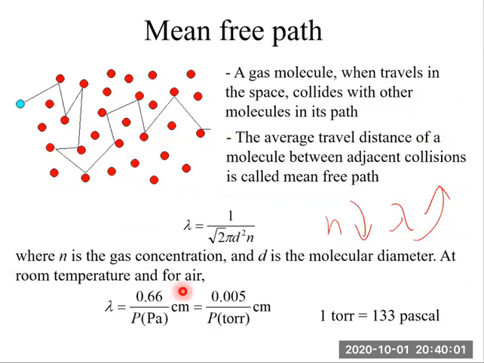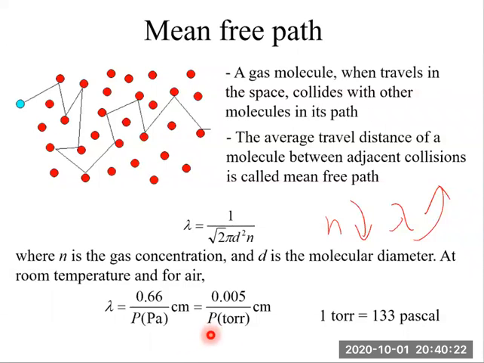d is the molecular diameter. At room temperature, for air molecules, lambda is equal to 0.66 divided by the pressure in Pascal, and the unit of lambda is centimeter.